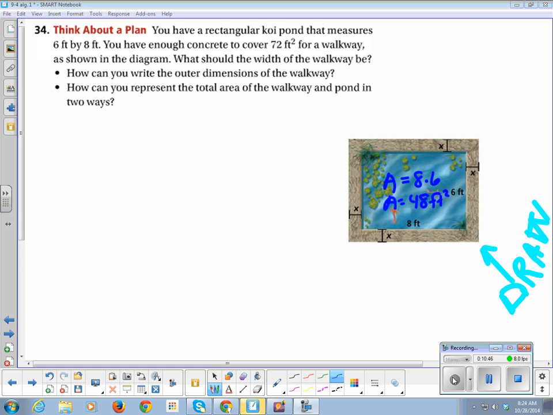What we don't know is the area of this little strip right here. So my thought is, we know the area of the pond. We can probably find the area of the whole outside thing. If I subtract the two areas, so the total area minus the area of the pond should give us the area of the walkway.